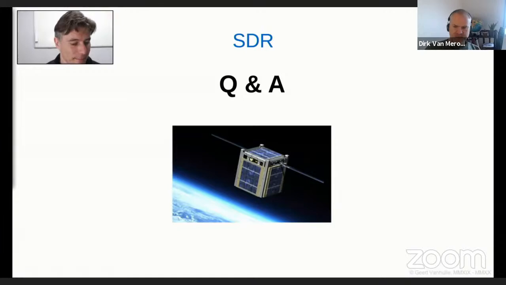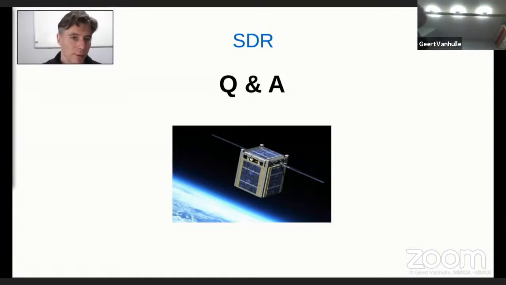Maybe also to expand a little bit on my answer to the previous question of Dirk. For the geostationary satellites, I know for a fact that it's still the traditional way. That was the area that I've been working in for a long time, and it's quite traditional, also because there's a lot of financial interest to keep it that way. As you see in the ground stations, that's the main business model actually.